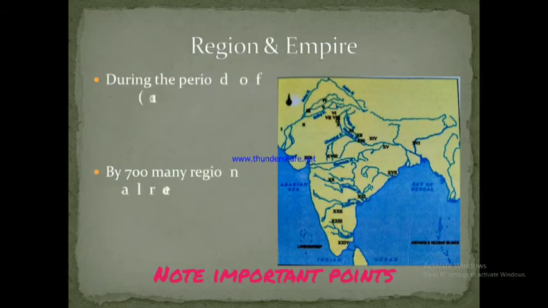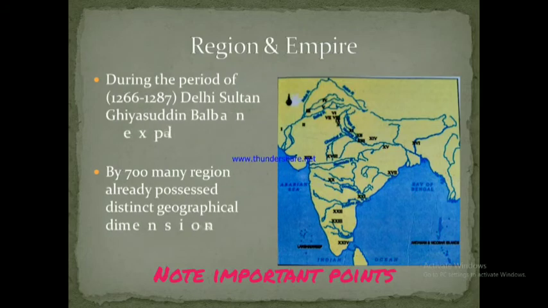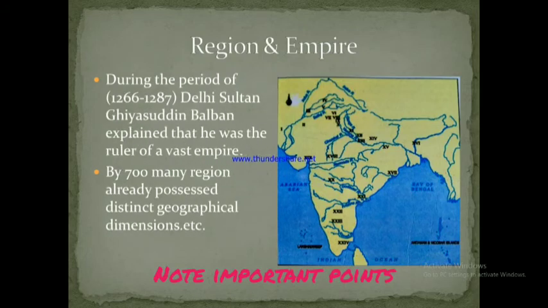Next, region and empire. As you can see in this diagram, this is a map prepared during the period of 1266 to 1287. Delhi Sultan Ghiyasuddin Balban explained that he was the ruler of a vast empire.